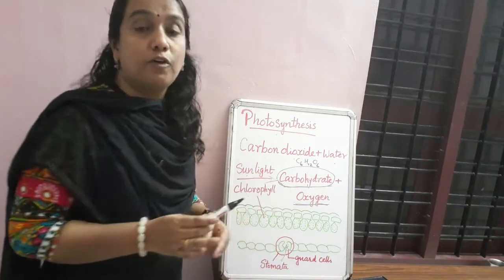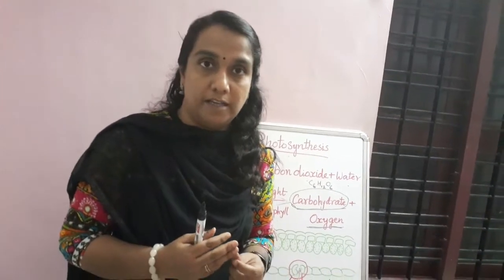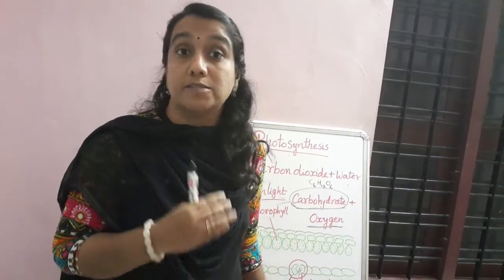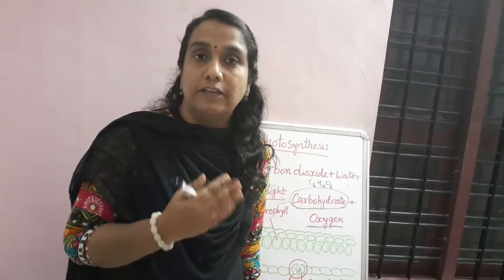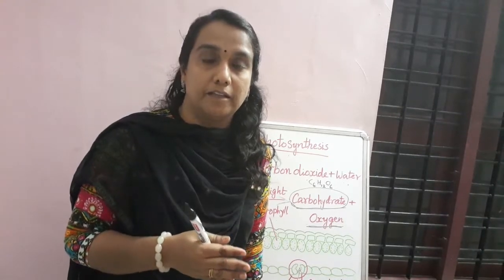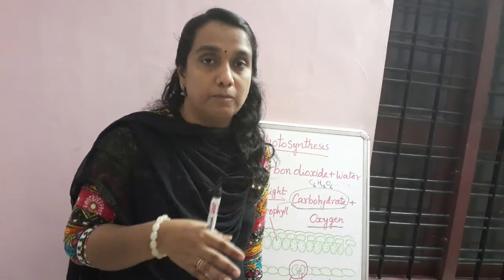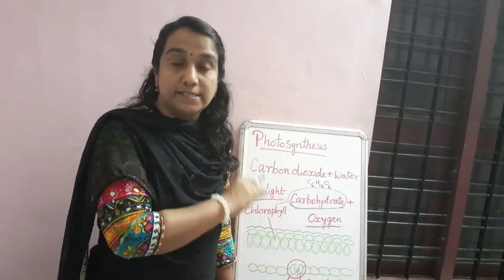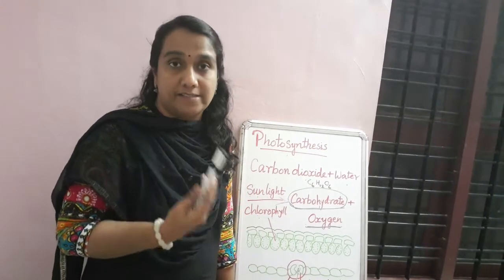So this photosynthesis is very important. Without photosynthesis, we cannot live, right? If plants are not there, can we live? It is impossible for the whole world. So this process of photosynthesis is very important for our existence.